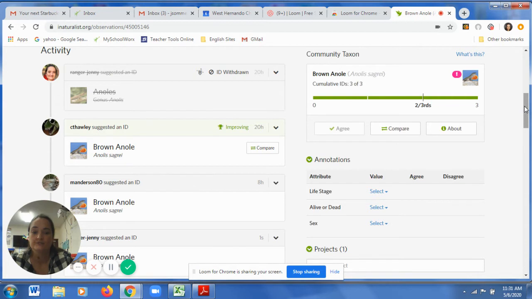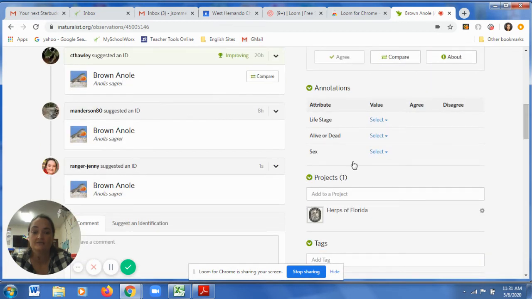Anyway, it's kind of cool. This picture was also saved. I didn't do this. This was done by probably him, whoever Manderson80 is. It was saved to the Herps of Florida, and herpetology is the study of reptiles.